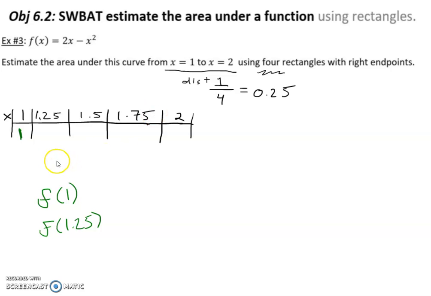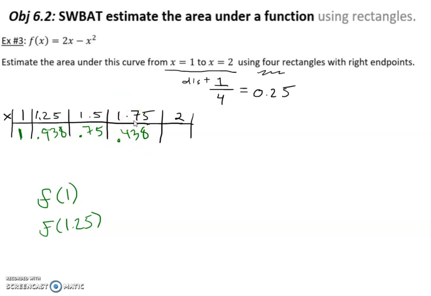So the next one, I'm going to round each of these to 3 decimal places, is 0.938. 1.5 is going to be 0.75. 1.75 comes out to 0.438.